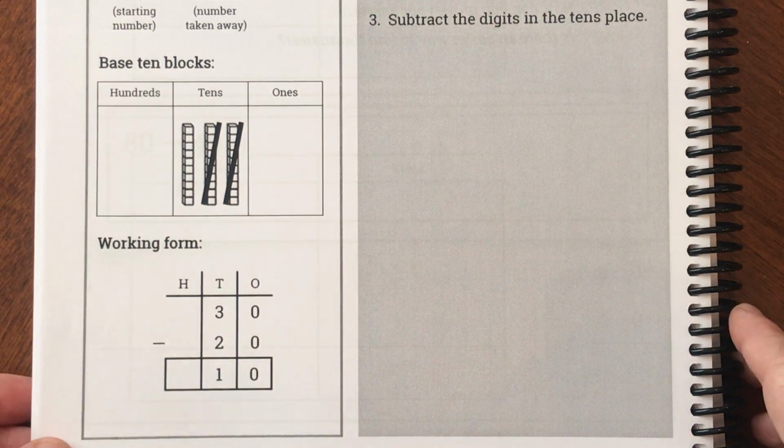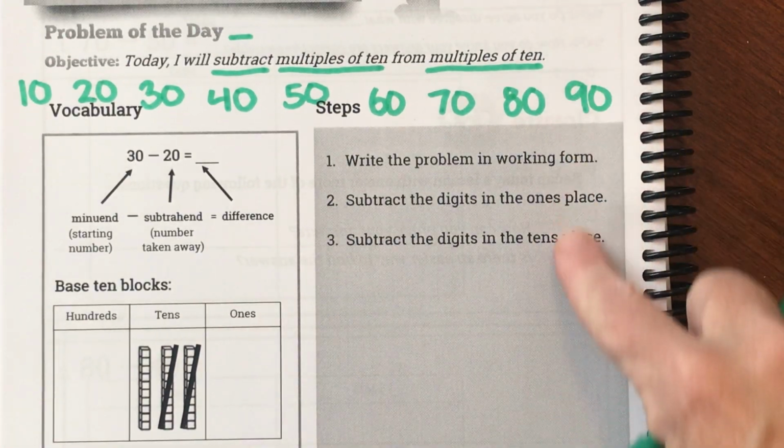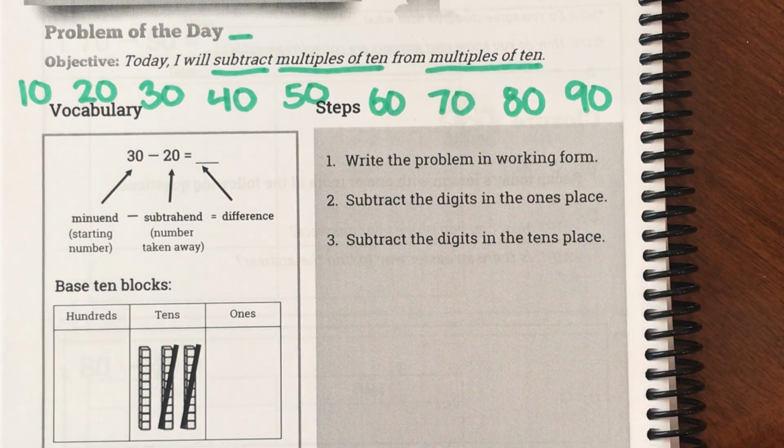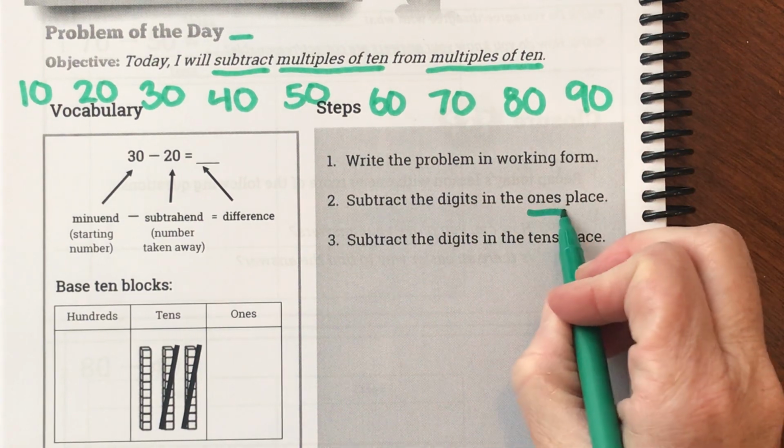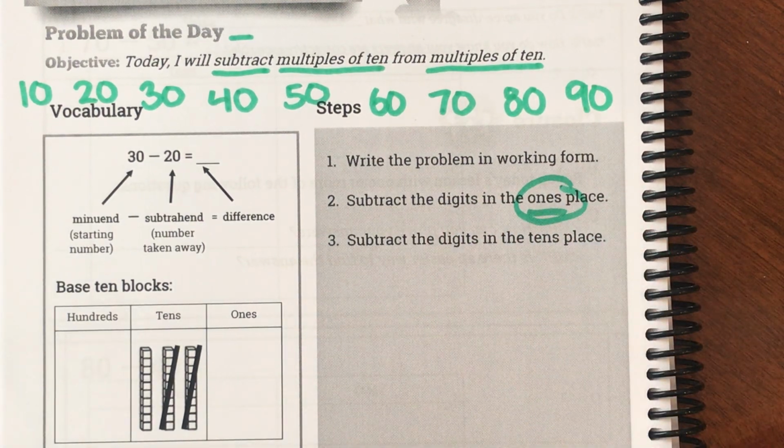The steps that they have, I'm going to do differently, friends. What you will notice though is it says in step 2, subtract the digit in the ones place. Just like with adding, we always start subtracting in the ones place. So I'm going to show you what this looks like instead of writing our steps.